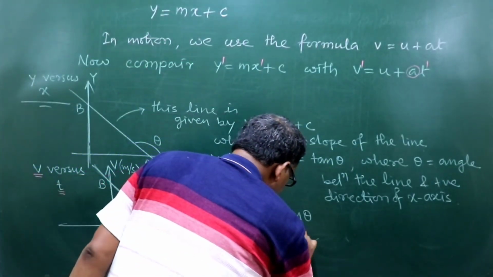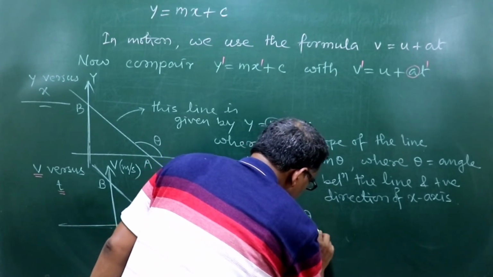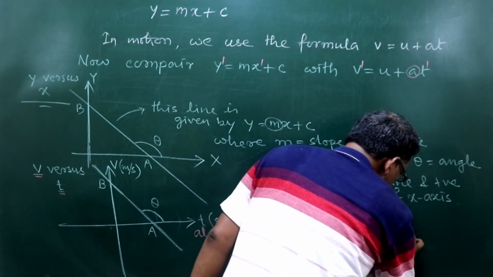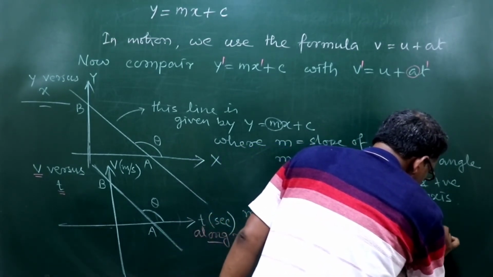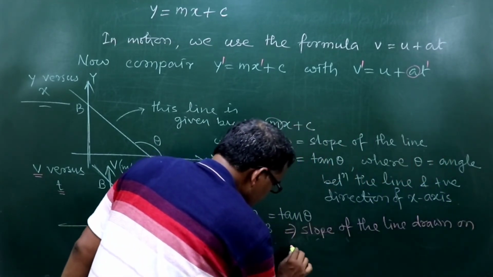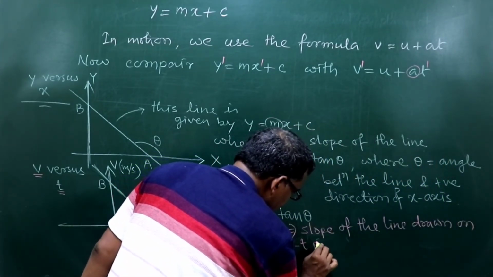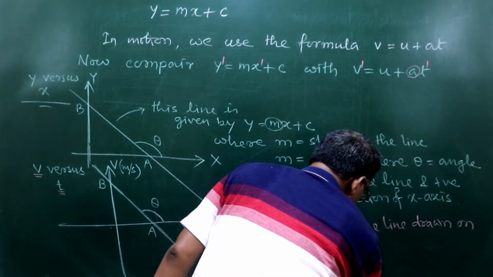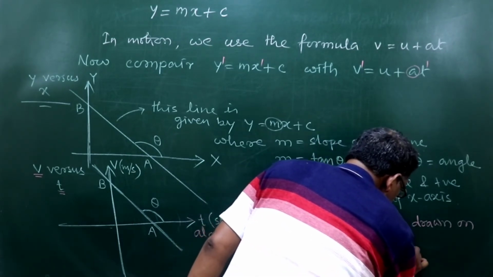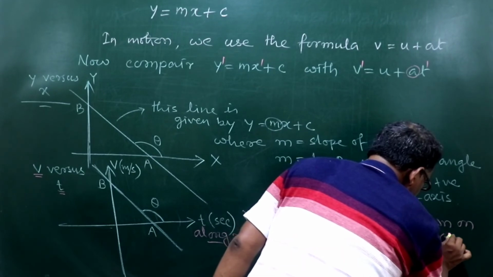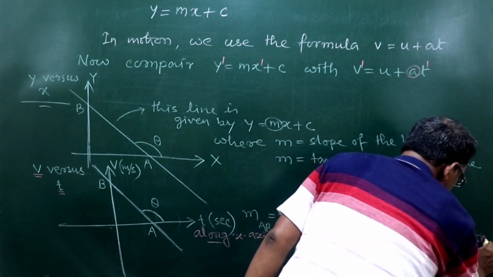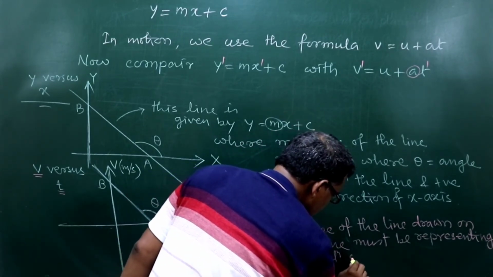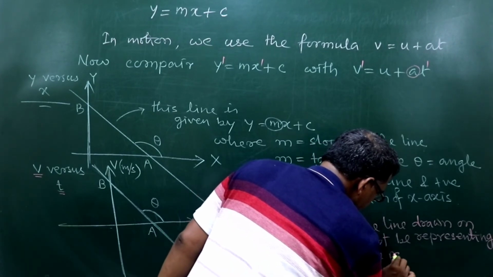So that means I can say the slope of the line drawn on VT plane must be representing the acceleration of the particle. Are you getting me or not?